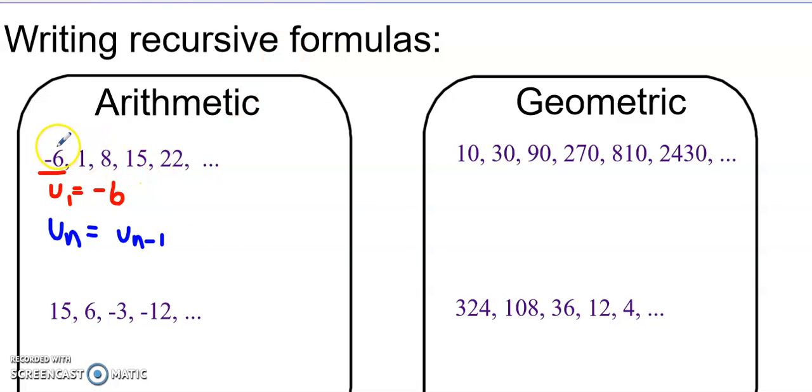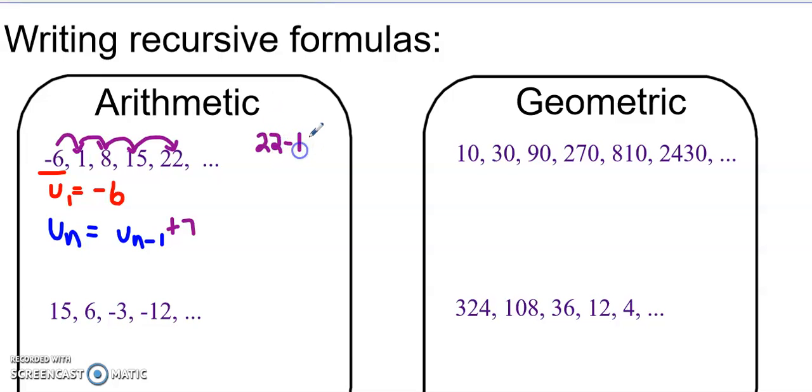What is that something? -6 up to 1, 1 up to 8, 8 up to 15, 15 up to 22. We have to figure out what that is. And if you can see it, that's awesome. Write it down. I see it. It's +7. If you don't see it, you could take any two numbers in the sequence and subtract them, because the opposite of addition is subtraction.